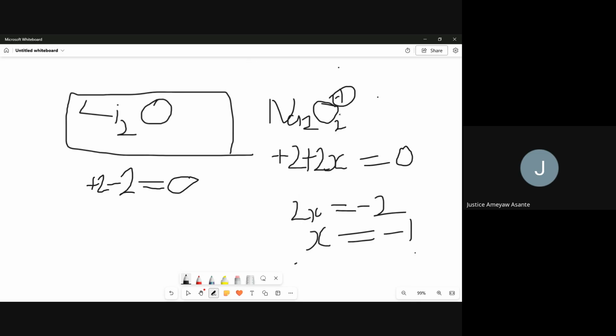And what we are saying is lithium cannot form this type of oxide. It is only sodium and potassium that can form it. That's why we are saying that lithium has different properties from other group members.